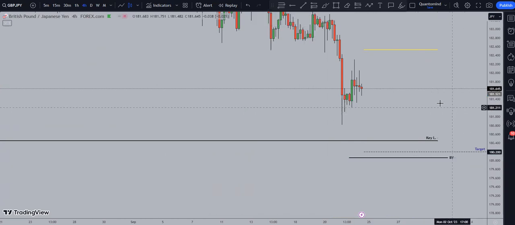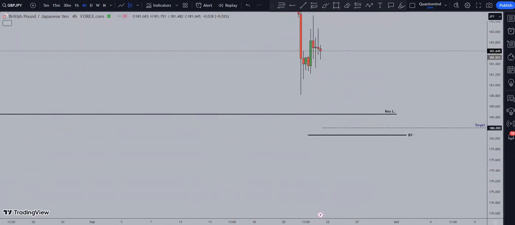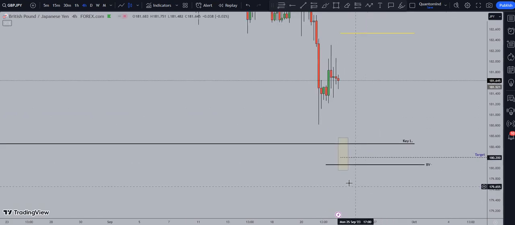So now we have a lot of confirmation that this is where the match is going to happen. And all these levels require candle closures. So for price to be able to continue to the downside, it needs to close below these 3 levels. See how crazy this math has to be?